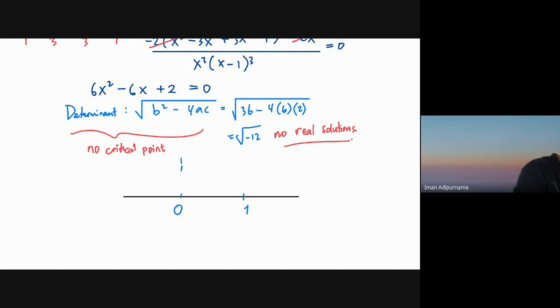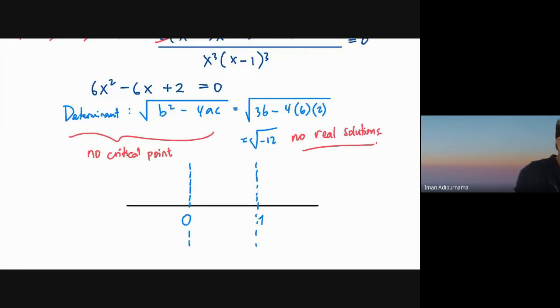So this will be the asymptote, right? Okay, we can check in between these points. Checking with the negative number, if we check negative 1 here, it will be positive, right?